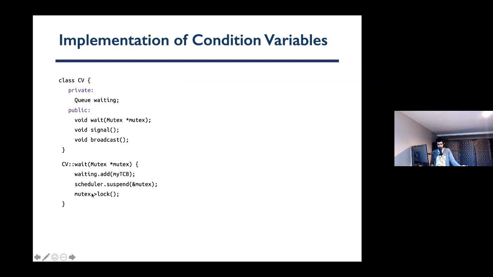The third line is precisely what I was telling you from the beginning. The first thing you do after this suspend returns, so after you're awakened, you have gotten a signal, right? You wake up inside your wait function. The first thing you have to do is to acquire the lock. And that's what you're doing, mutex lock.